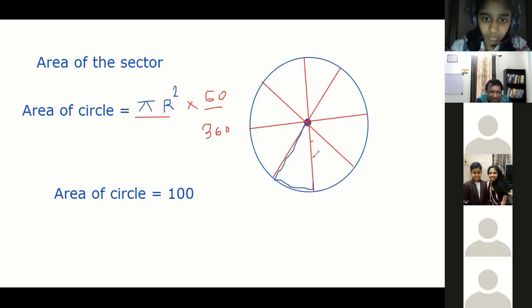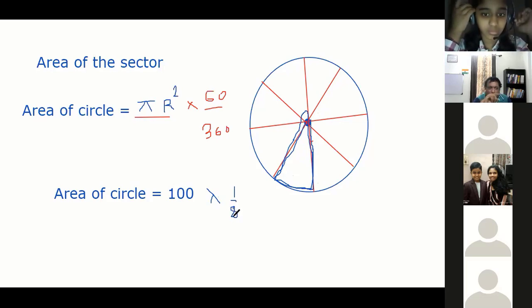It's a sector, right? So the full area of the circle is 100, and the area of the sector will be 1 by 8 of that.